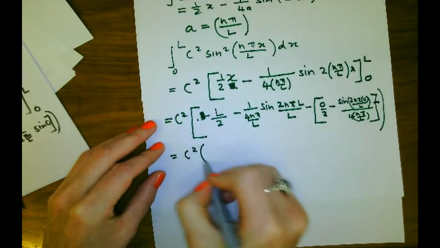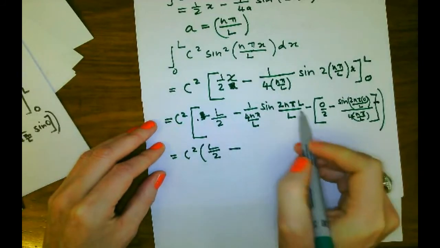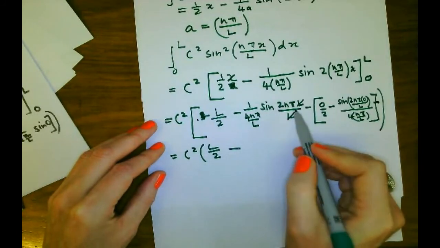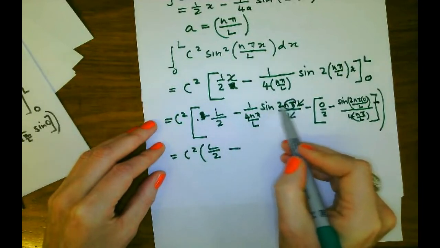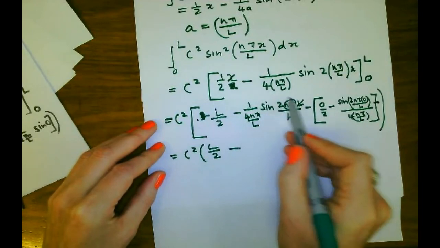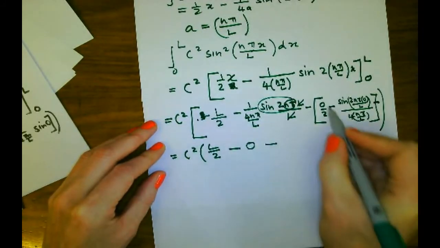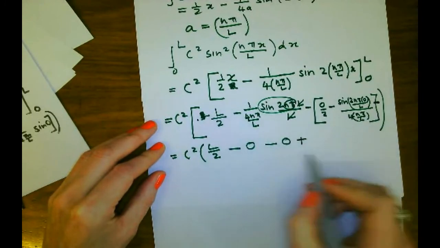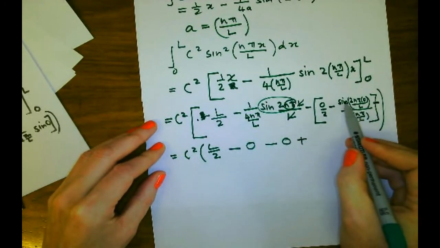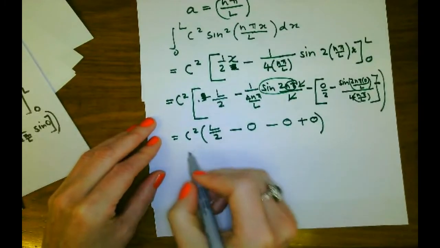So here we have c squared L over 2. What happens to that term? The L's cancel, and sine of n pi, or 2 n pi, or 3 n pi, or 4 n pi is always 0. So that whole term becomes 0. That becomes a 0, minus times minus becomes a plus, and sine of 0 again becomes 0. So all of these terms fall away.